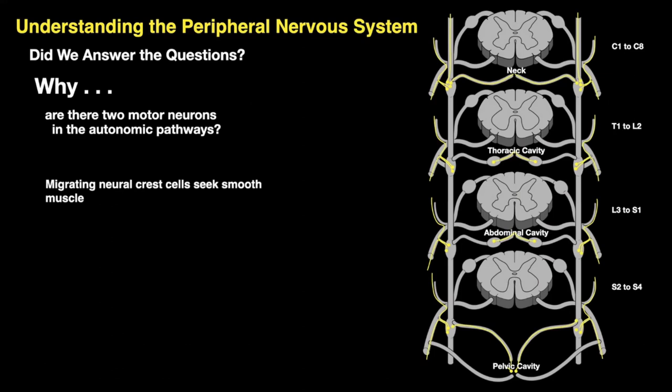Now, as they started migrating towards those, then neural tube cells extended out axons that sought out the migrating crest cells. Therefore, the autonomic nervous chain: preganglionic, postganglionic.